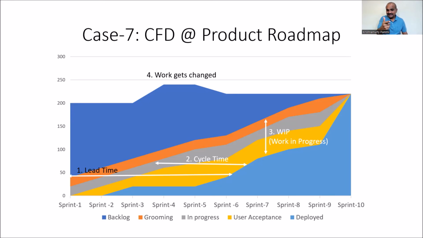Oh God, this actually is taking more time because of me or because of my team. I have to address this. So this kind of analysis will come, and this cumulative flow diagram at the product roadmap level, not only for one team, but entire program also you can develop. And that will give a beautiful picture for the stakeholders, especially the CXOs.